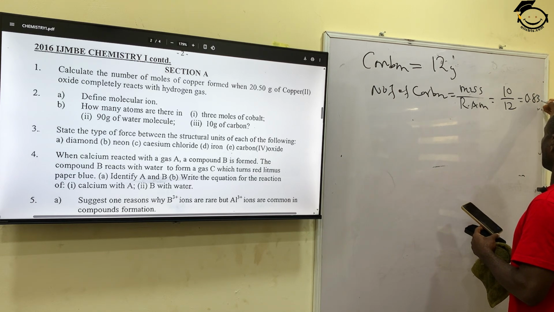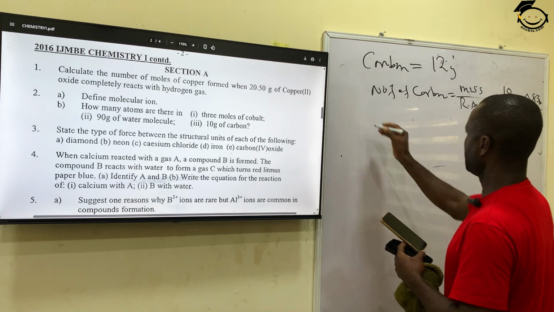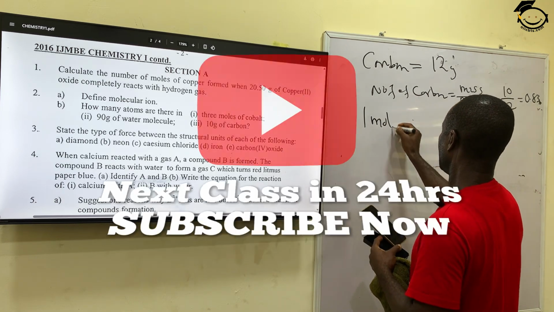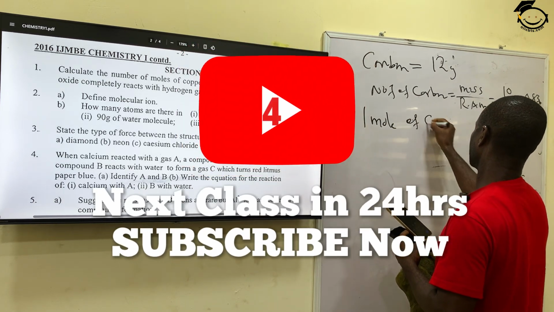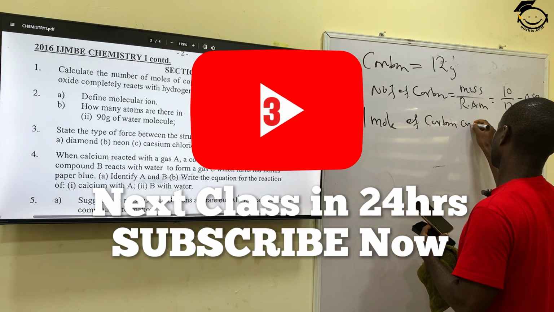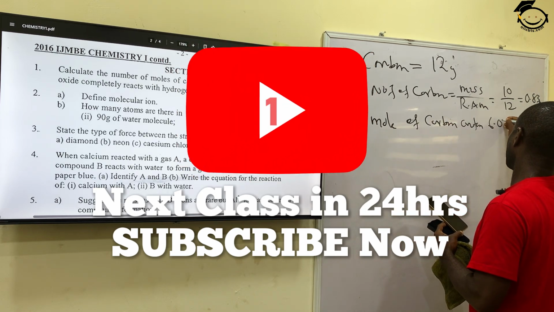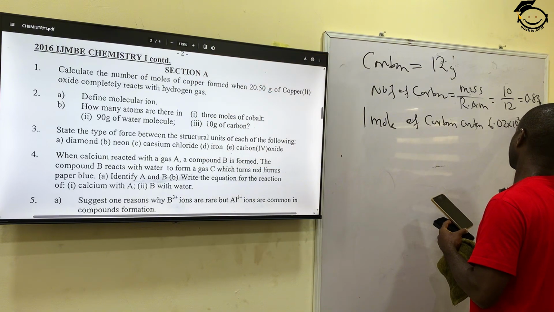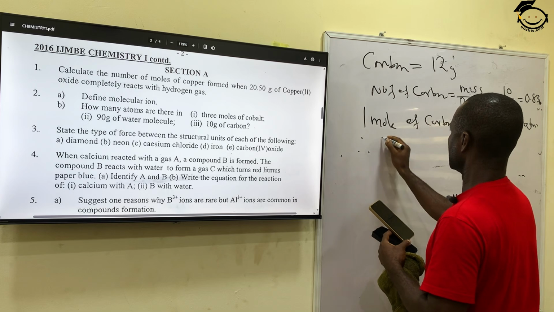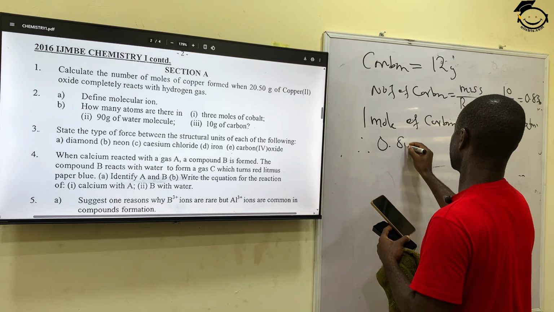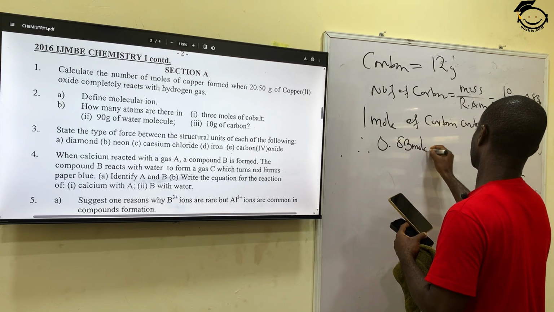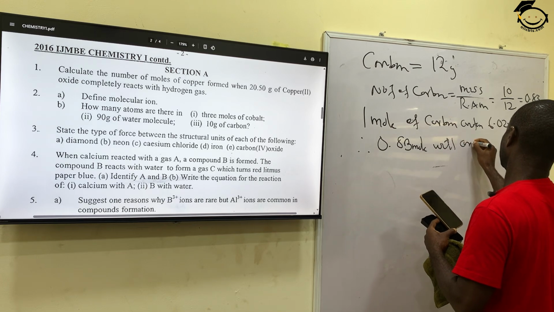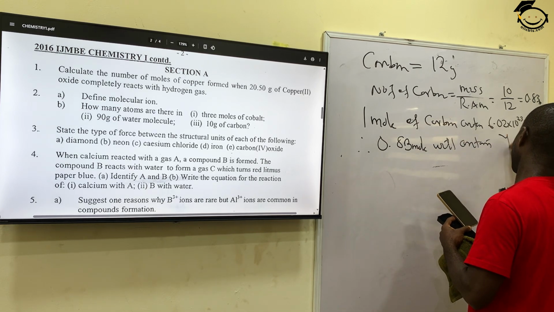0.83 moles. So if 1 mole of carbon contains 6.02 times 10 raised to the power 23 atoms, therefore 0.83 moles will contain, say, Y atoms.